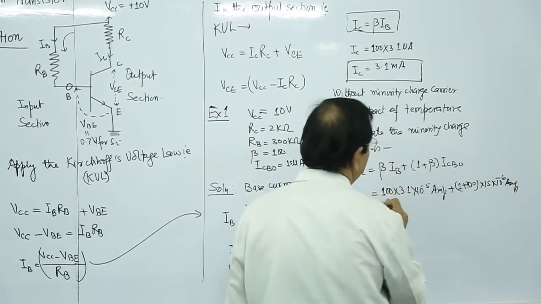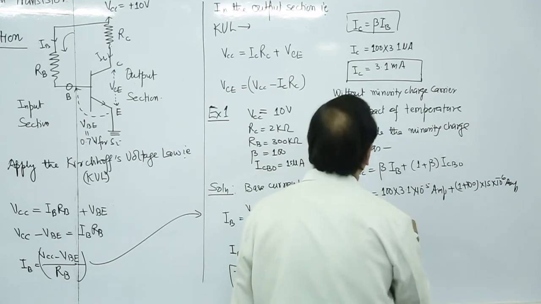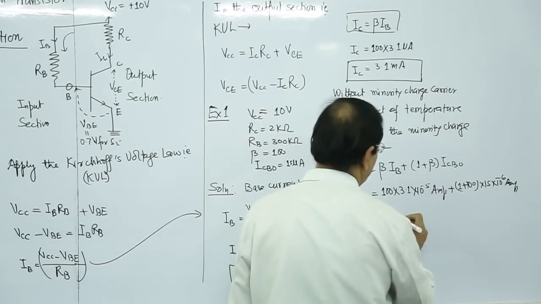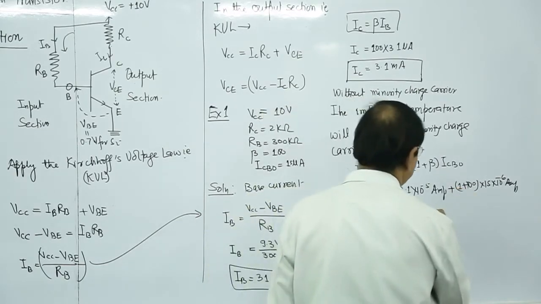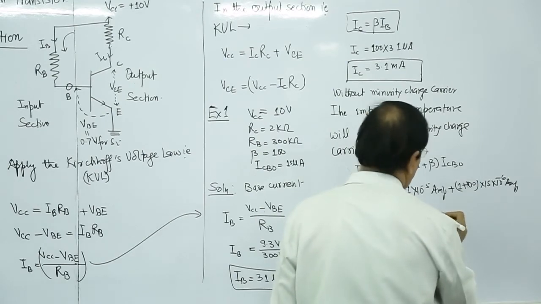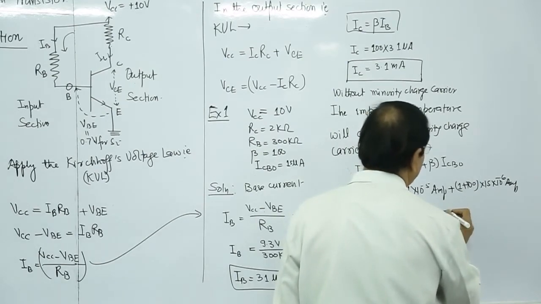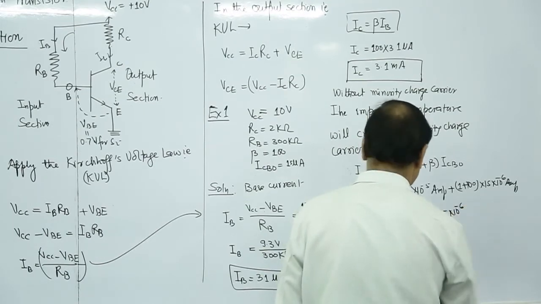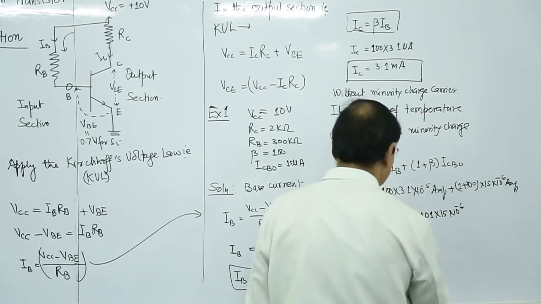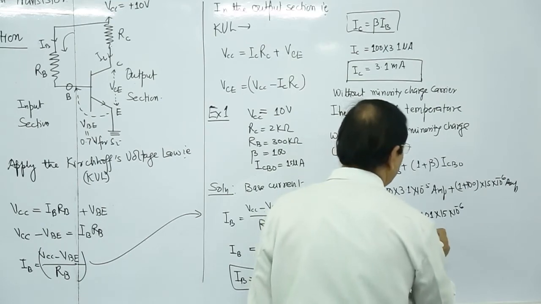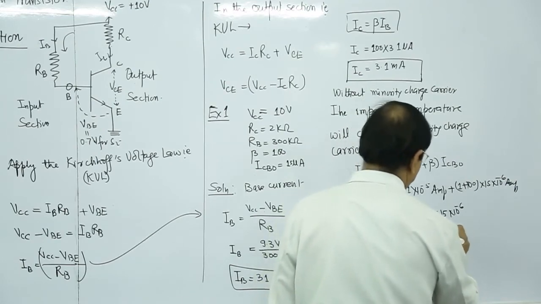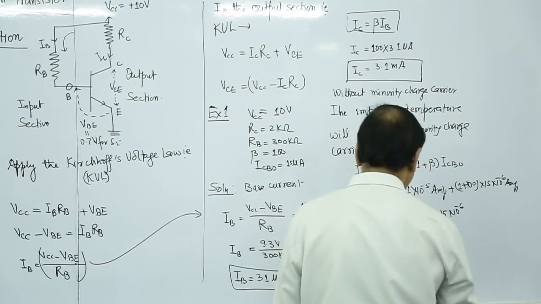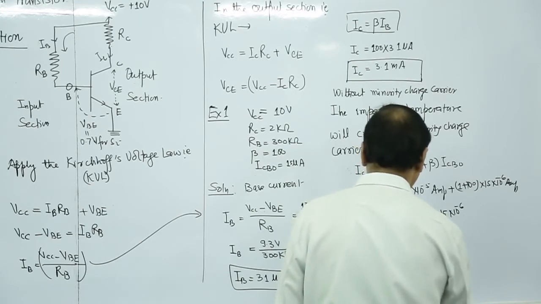So this value is 3.1 milliampere plus this value 101 multiply 15 into 10 to the power minus 6. So this is 3.1 milliampere plus 1.51 milliampere. So this value is equal to 4.61 milliampere.